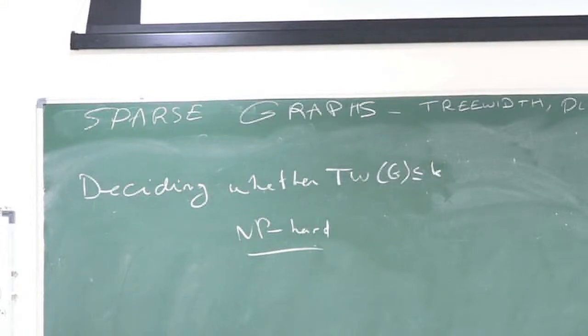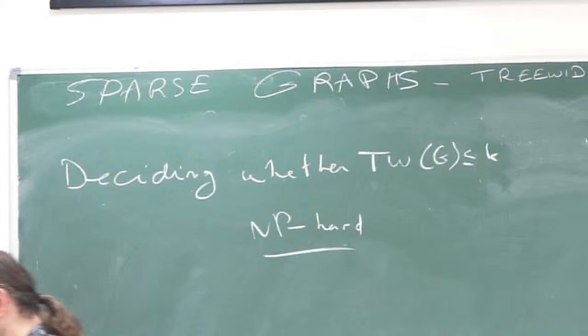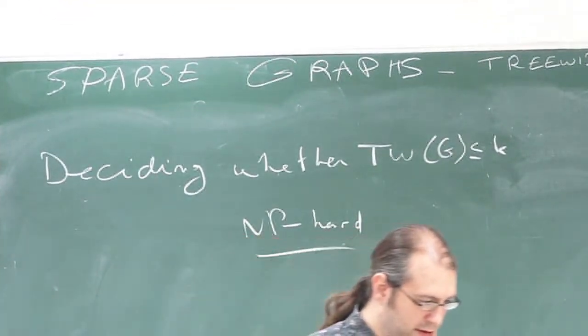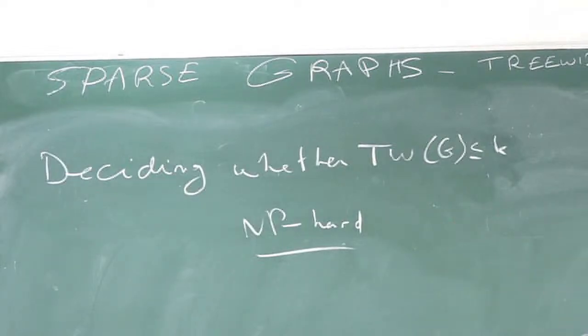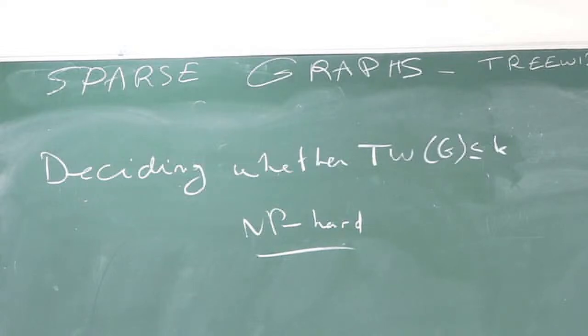However, there are workarounds. If you are interested in practical algorithms, if you want to implement it, there's a very simple heuristic which gives you a tree decomposition. It is not optimal, but in practice it often works well and it's easy to code.